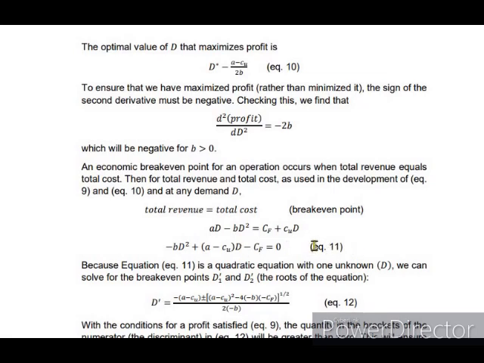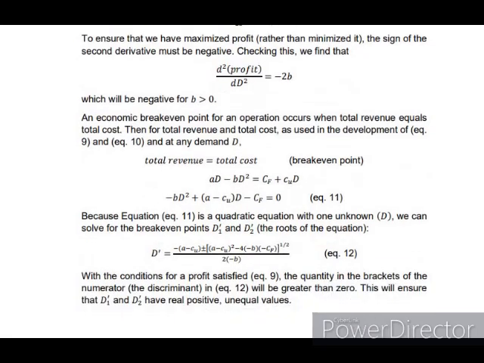So using those formulas, for the total revenue, it is A multiplied by D minus B multiplied by D squared equals, for total cost, C sub F plus C sub U times D. Then simplifying them or equating them to 0 gives us negative B D squared plus quantity A minus C sub U multiplied by D minus C sub F is equal to 0.